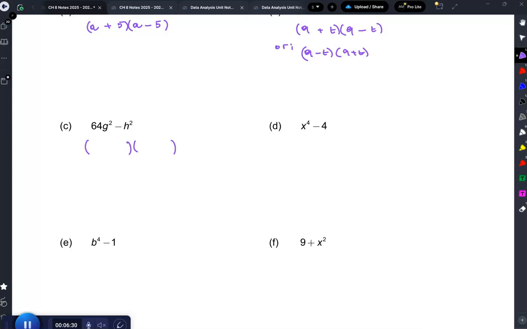I need to take the square root of the number and the G squared. The square root of 64 is what? 8G, 8G. H squared gives me H, plus minus.